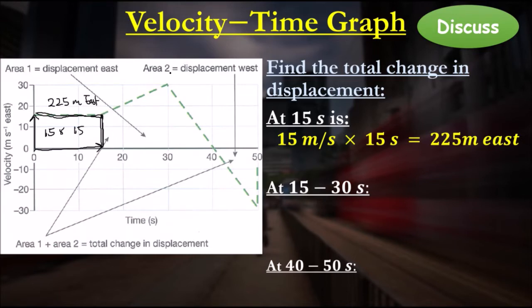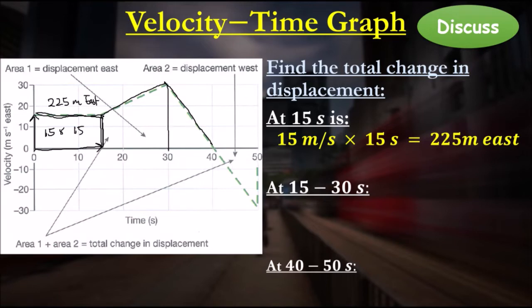And then we get to this part of the shape that we have here. Now this one's a little bit more interesting. We can actually split it off into other types of shapes. So let's say we're just trying to measure all the way up to 30 seconds.